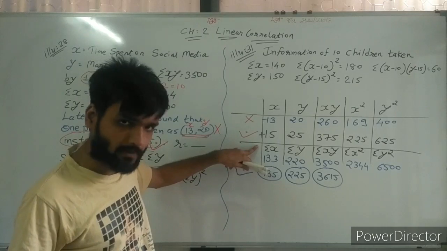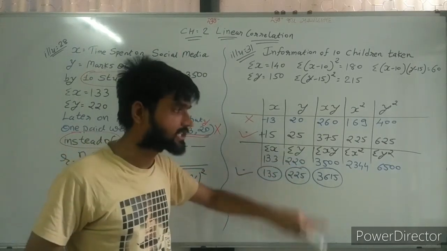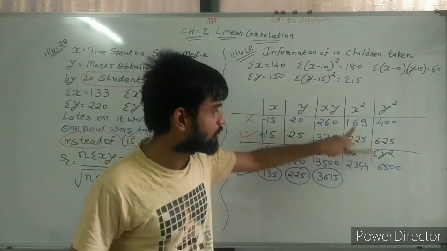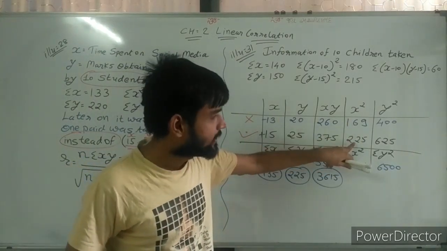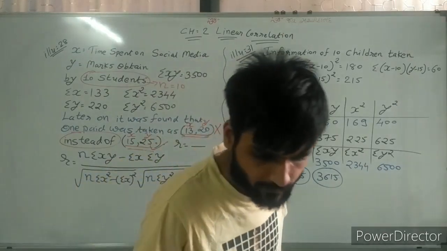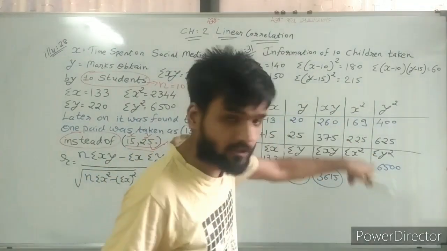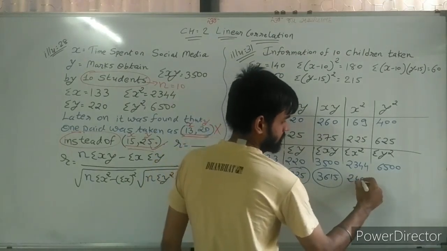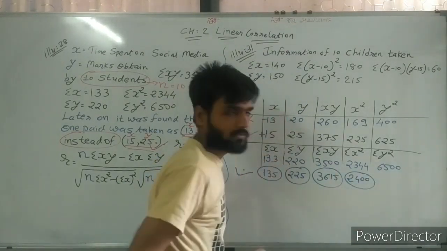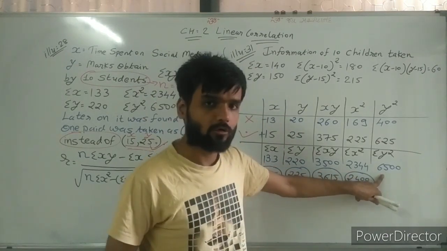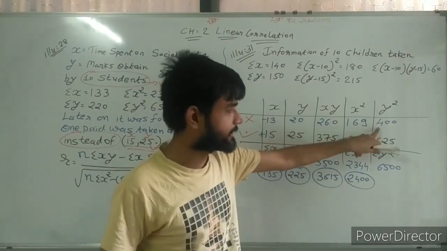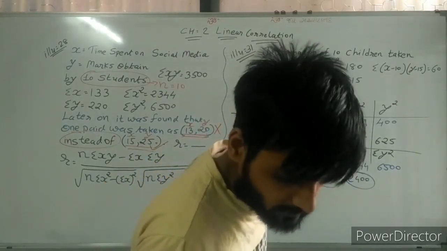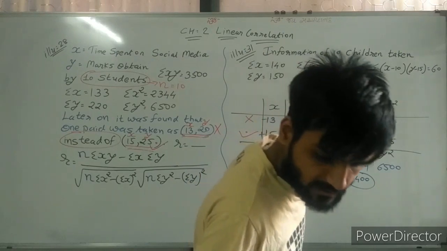This is the correct value of sigma y, sigma xy. So next, 2344 minus 169 plus 225. Answer is 2400. And the last one, 6500 minus 400 plus 625, and you will get 6725.